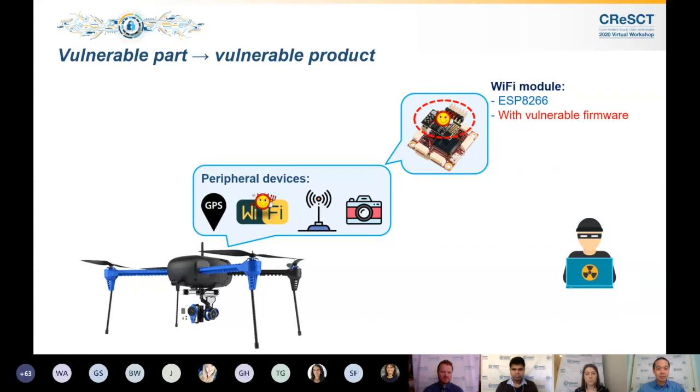He or she will be able to listen to all the communications going on between the drone and the ground control station. And this will cascadingly compromise the entire system, because now the GPS, the radio communication, and even the camera operation are under the control of the adversary. So this is definitely not desirable, a scenario where one vulnerable part leads to an entire vulnerable product.